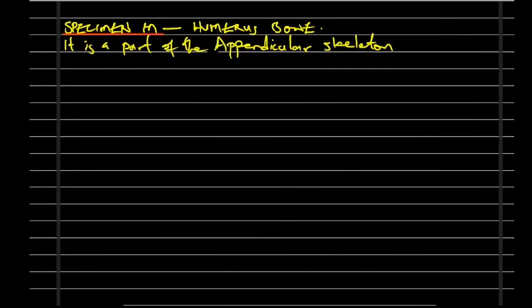So parts like the arms, the limbs, all of those parts fall under the appendicular skeleton. So this particular bone we're talking about, the humerus bone, falls under that section, which is the appendicular skeleton. So the humerus is the largest bone of the upper arm.